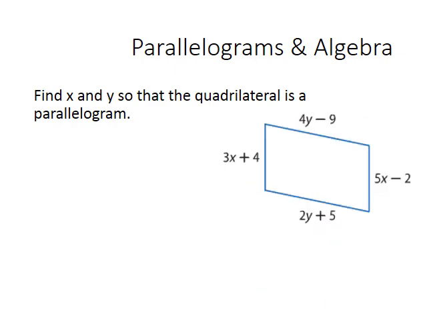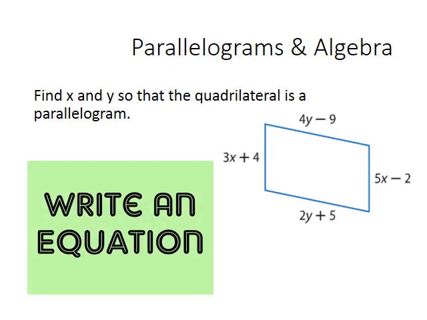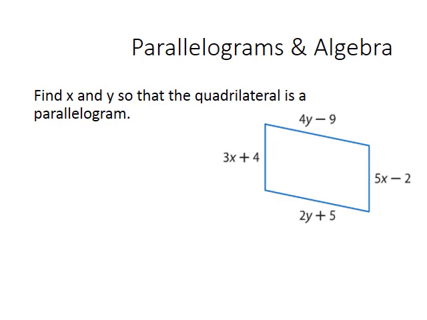Find x and y so that the quadrilateral is a parallelogram. Start by writing your equations. And this time I'm going to have you identify for yourself what property of parallelograms or what test for parallelograms you are using here.